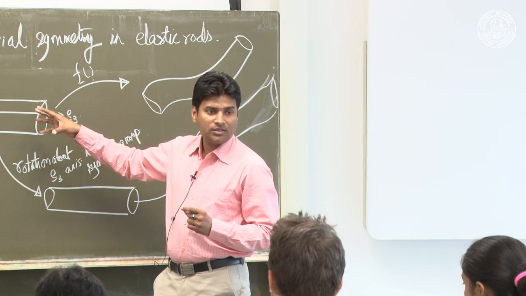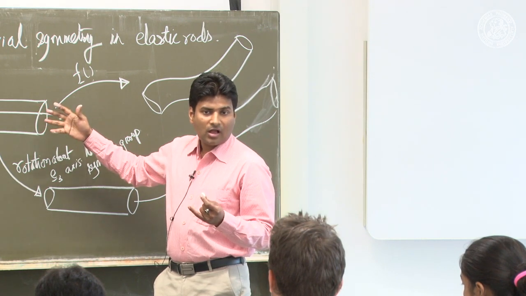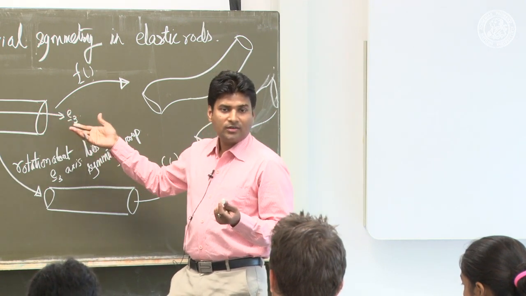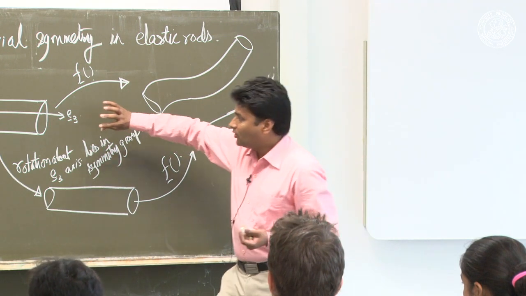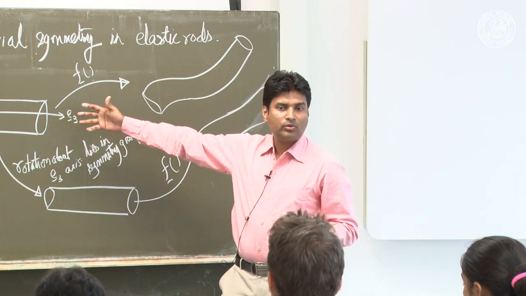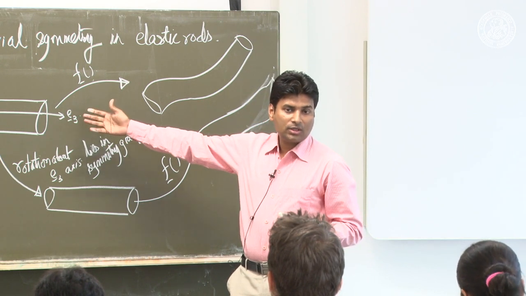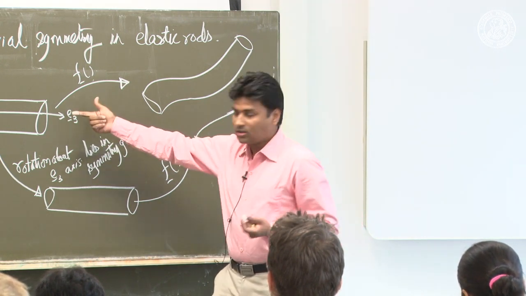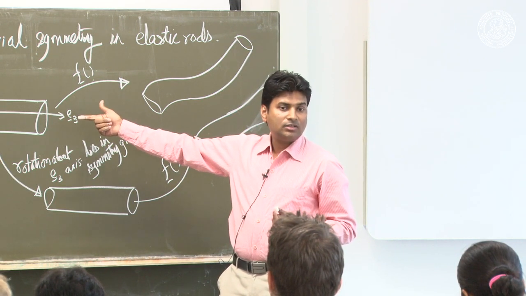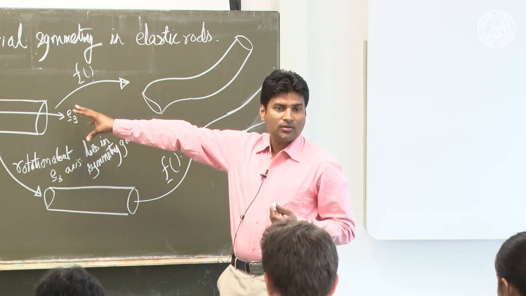Does it change? Or it would look the same, right? If it is a circular rod, you rotate about E3 axis, you won't be able to distinguish it. So therefore, the rotation about E3 axis lies in the symmetry group of such rods.